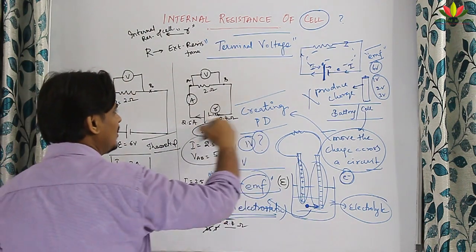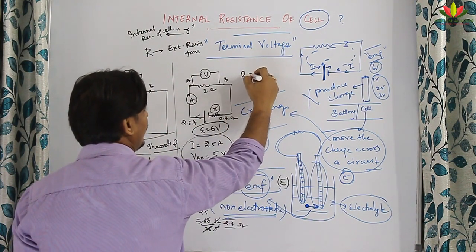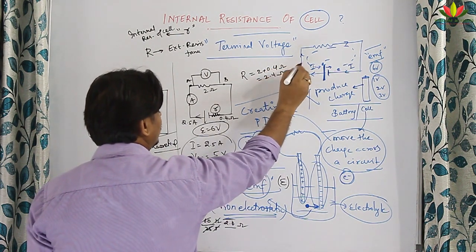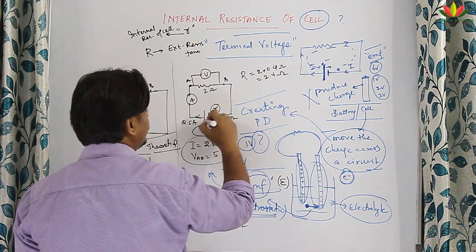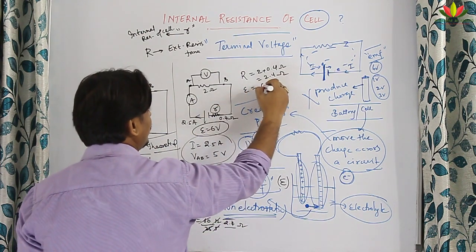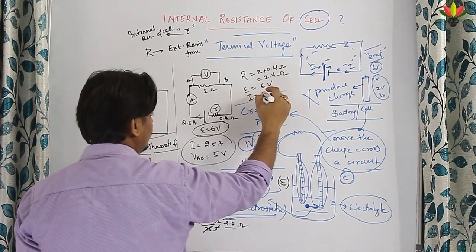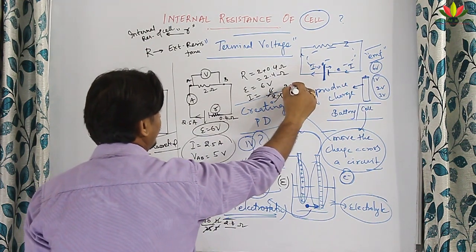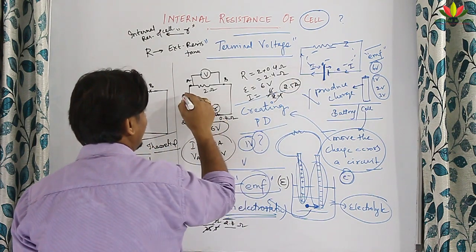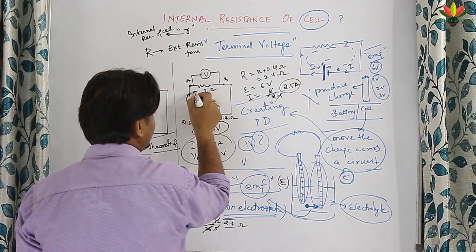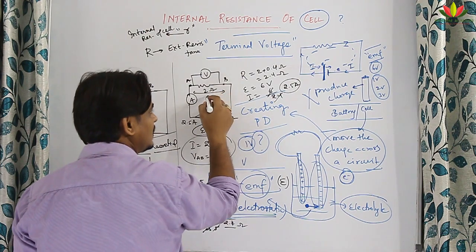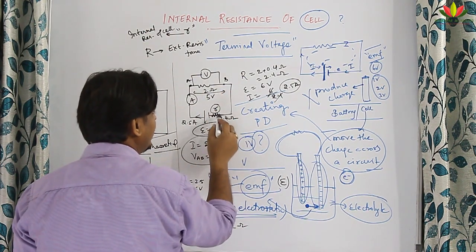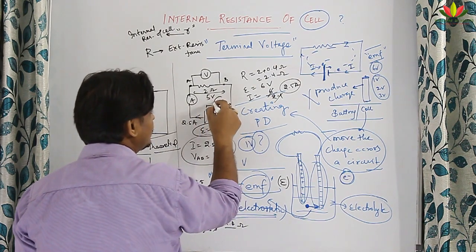Now, you solve this circuit, you will get the answer. In this circuit, let us check what is the net total R. Total R is 2 plus 0.4 ohm, that is equal to 2.4 ohm. And if the EMF which you bought is 6 volt, I will be equal to V by R, so 6 by 2.4. Solve it, you will get 2.5 ampere. And since 2.5 will come here, 2.5 into the potential difference here will be 2.5 into 5 volt, and 2.5 into 0.4, it will be 1 volt.